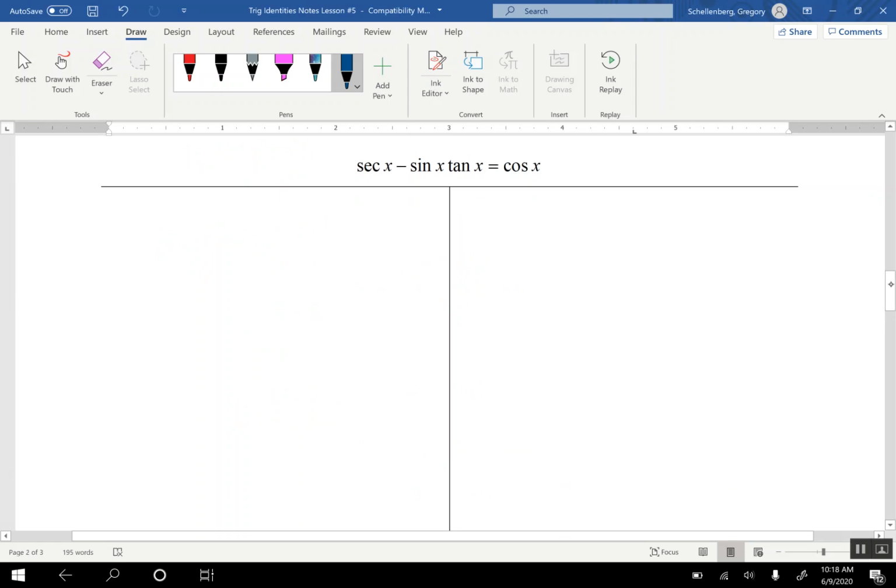So again, we will work with the more complicated looking side. That is the left-hand side here. And I'm going to start by rewriting everything in terms of sines and cosines. So secant x is 1 over cos x. And then we're subtracting sine x times tan x. I will rewrite tan x as sine x over cos x.